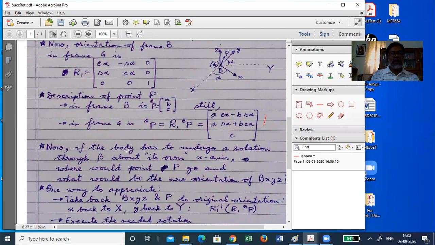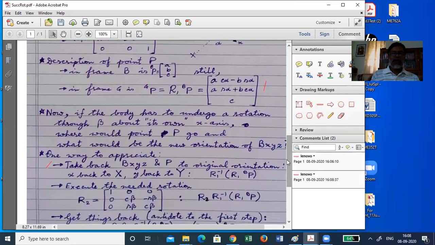So take back the frame B, x, y, z and P to the original orientation. That is, x back to x, y back to y. It will be multiplying with R1 inverse. Then execute the needed rotation about the local x-axis, so an angle beta.